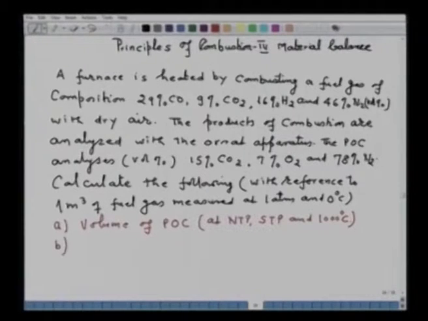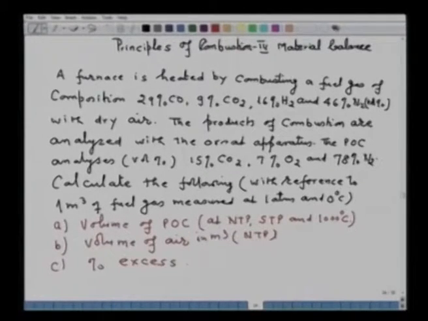Second, or B, volume of air in meter cube, again at NTP. C, percent excess air, and D, percentage H2O in POC. I give you some time, you read the problem carefully and then attempt to solve this problem with me.